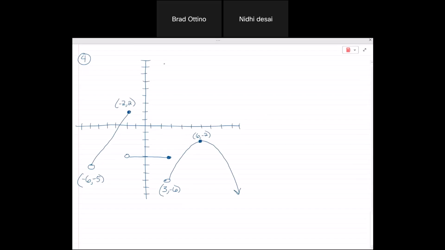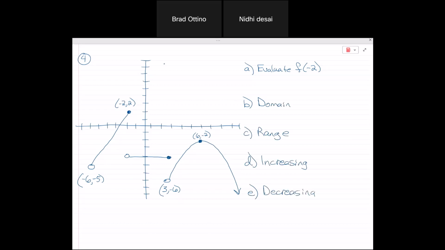Okay. So just take a minute, make sure you draw that accurately in your notes. I'm going to ask you to evaluate f of negative 2. Tell me what the domain is, the range, where are the intervals where it's increasing, decreasing, constant.